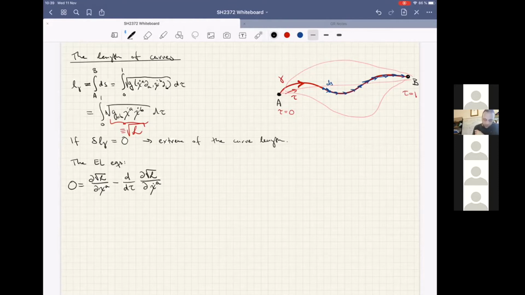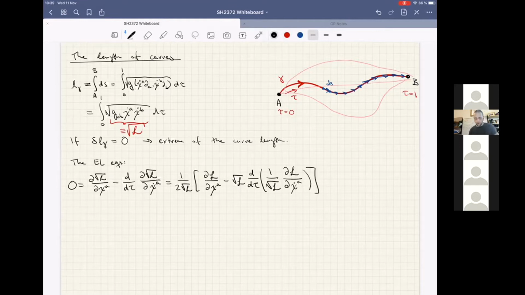So I can perform these derivatives, and what I will end up with is the following. So 1/2 square root of L dL d chi a, minus square root of L d tau, and that acting on 1 over square root of L dL d chi dot a.